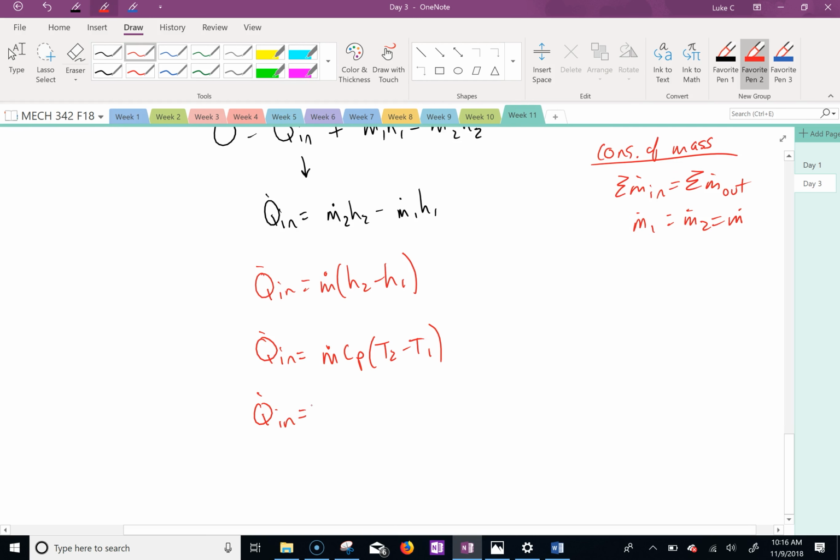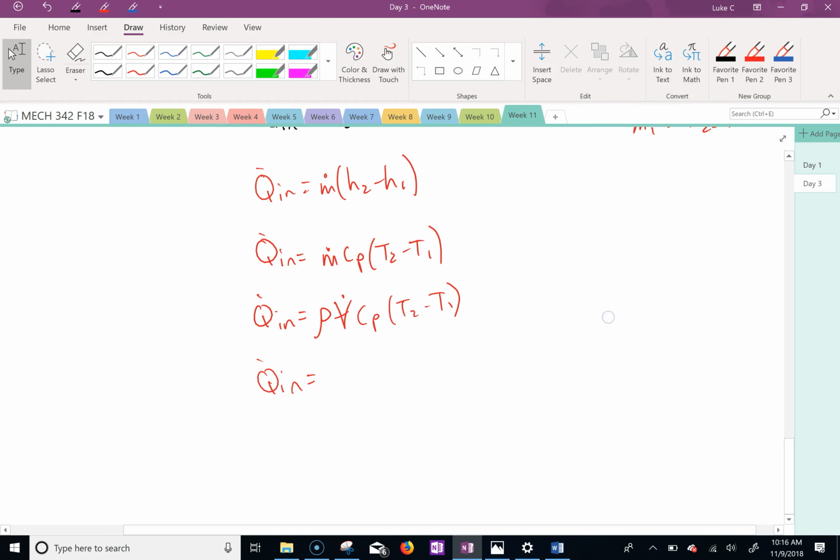So Q dot in equals rho times V dot times cp (T2 minus T1). I'm going to add the ideal gas, P over RT, times V dot cp (T2 minus T1). And we'll use P1 and T1 there.